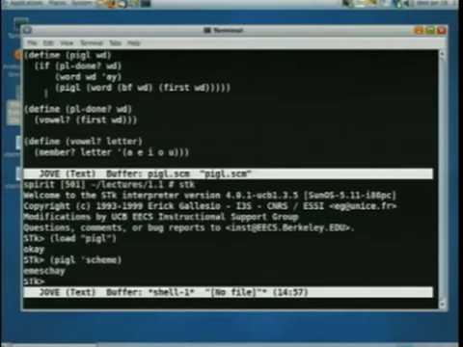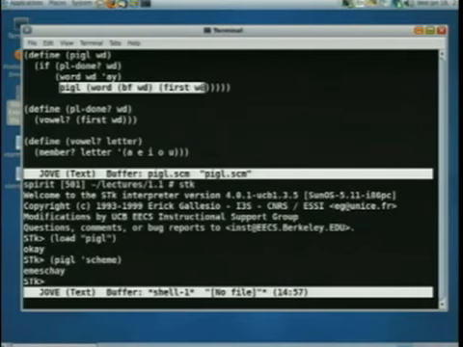If is a special form. It has to be, because if we evaluated this recursive call before we called if, then even when we got to the base case, to the word that starts with a vowel, we would still try to do the recursive call over and over and over again.